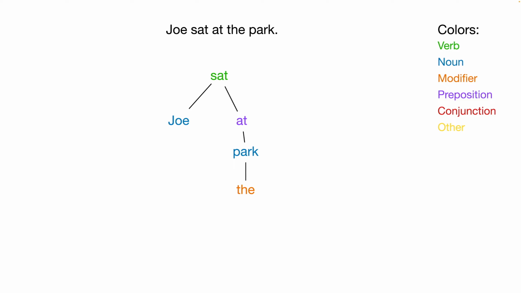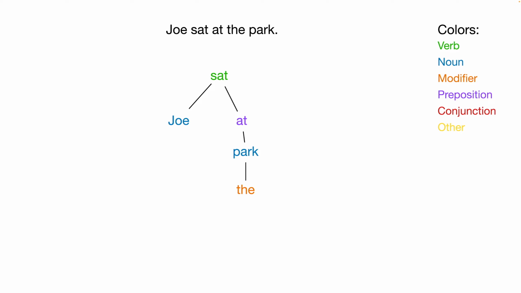Is it Joe at the park and then he sat? Or is it Joe and he sat and at the park tells us where the sitting happened? Right? You can consider the information at the park could, in theory, modify Joe or sat. It could be telling you where Joe is or where the sitting is happening. In this sentence, it's telling us where the sitting is happening, and the tree shows that.